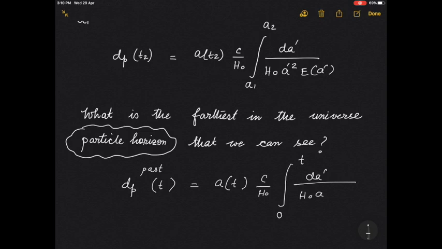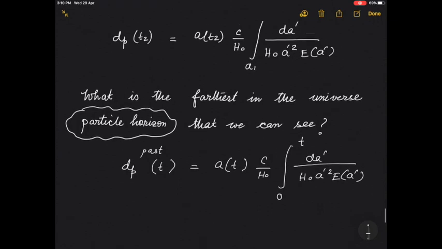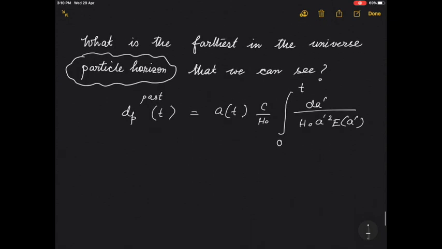So I integrate up to that time, and this remains the same. If this integral is finite, then there is a particle horizon that exists. If the integral is infinite, that essentially means that you can see up to the infinite proper distance in the universe.